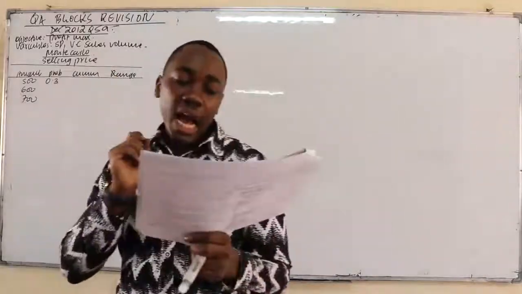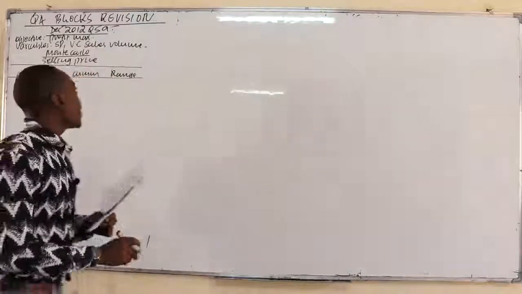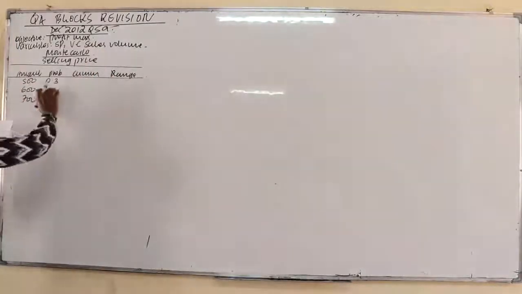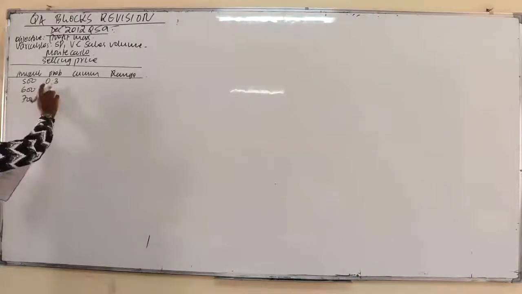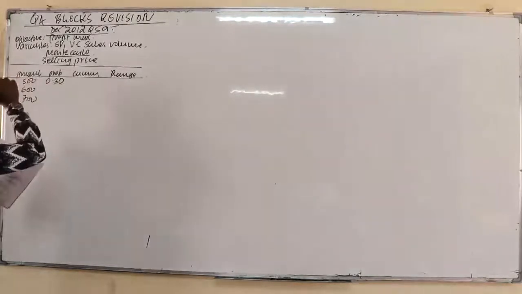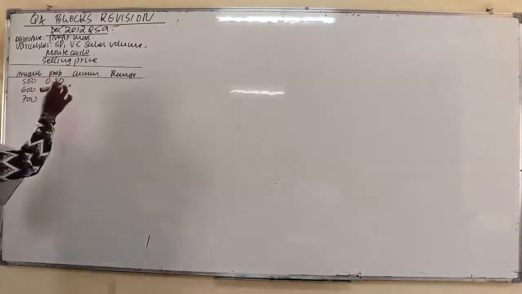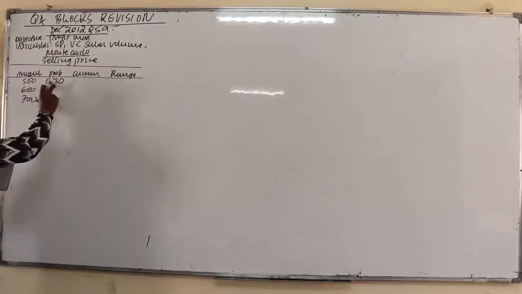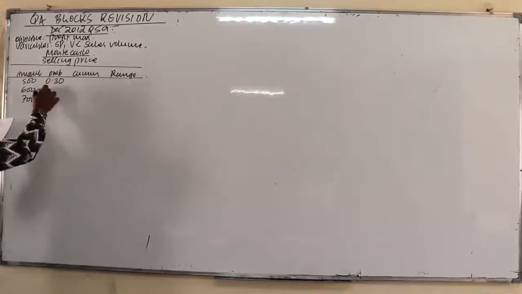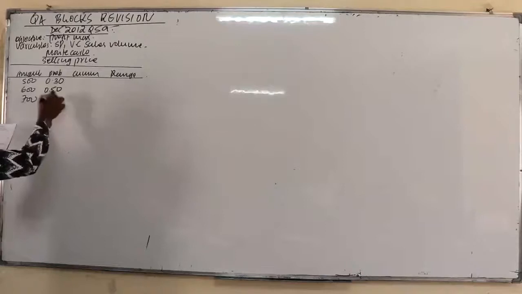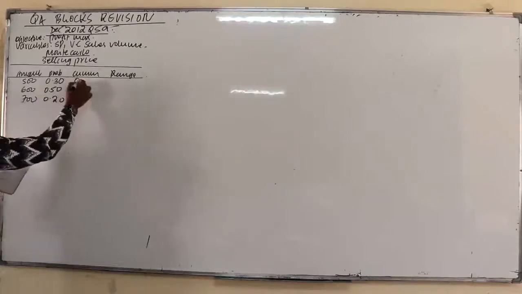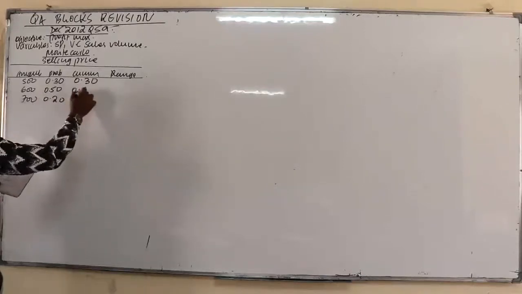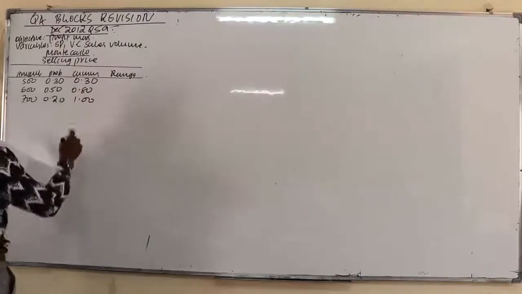That means they are in hundreds. So if they are in hundreds, the probability you are given is 0.3, so kindly don't write 0.3, just write 0.30. If you are given random numbers in threes, that means thousands, and it could have been 0.300. The other one is 0.50, the other one is 0.20. Let's cumulate: 0.30, 0.80, 1.00.